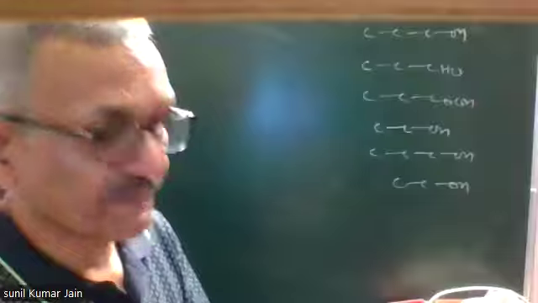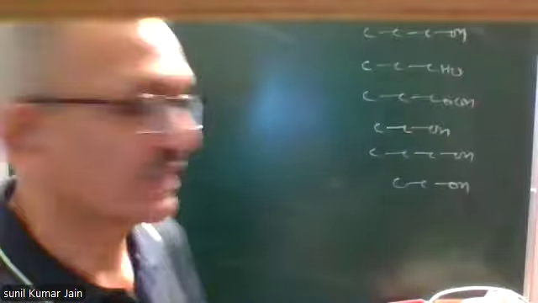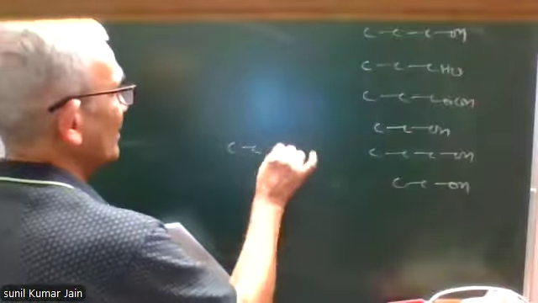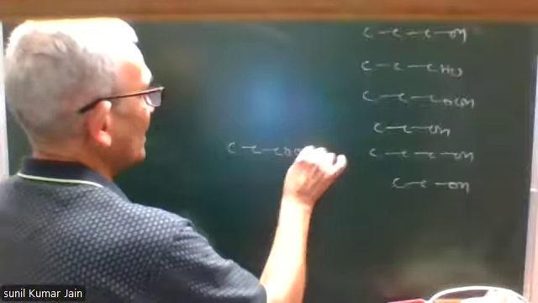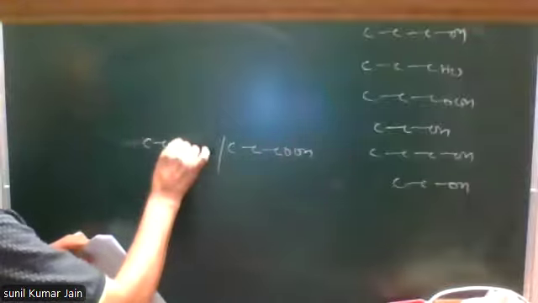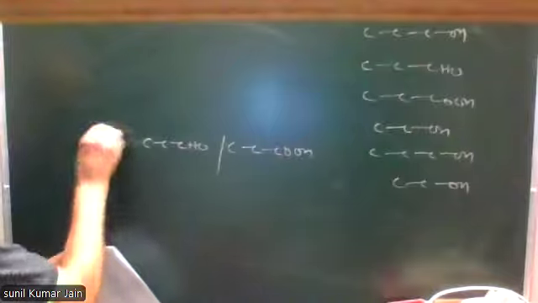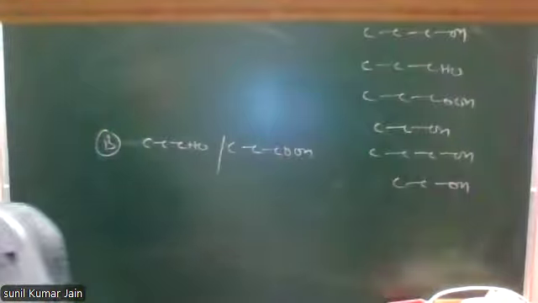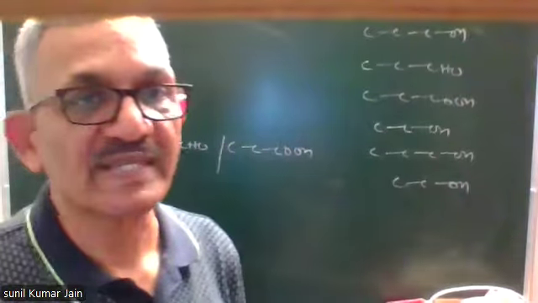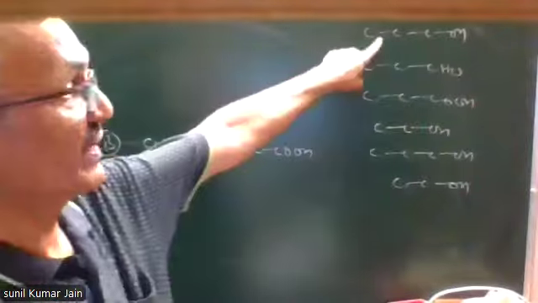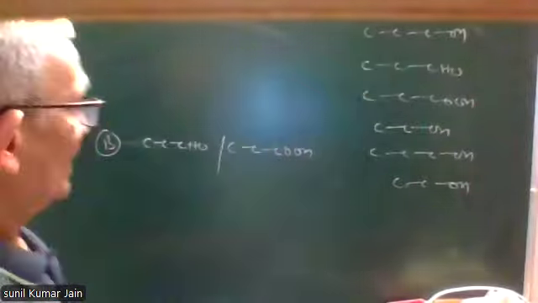And this alcohol is obtained by the reduction. This reduction may be of carboxylic acid or aldehyde. B may be propanal or propanoic acid, because reduction of both will give propanol.